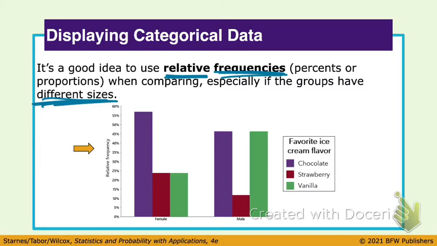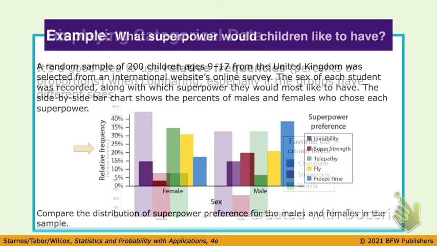So now the female chocolate and the male chocolate isn't as big of a difference, right? So it looks like males and females kind of prefer chocolate in general. However, I can now see that the males prefer vanilla more than the females. Does that make sense? So with different sample sizes, we want to make sure that we have it in percentages. All right, moving on.